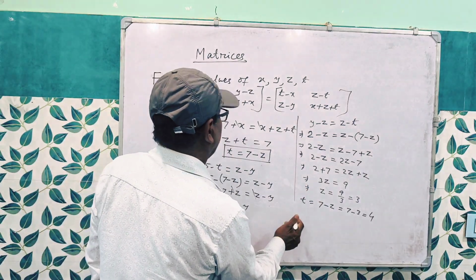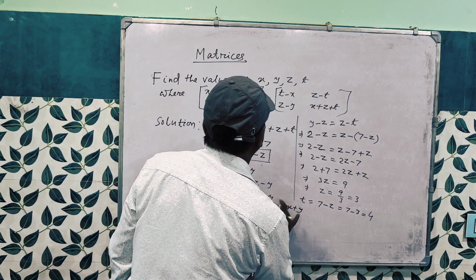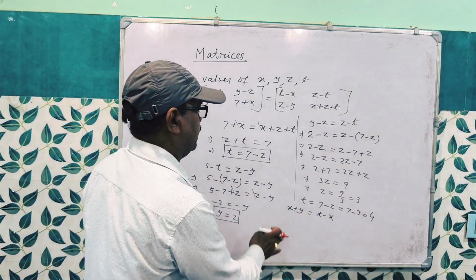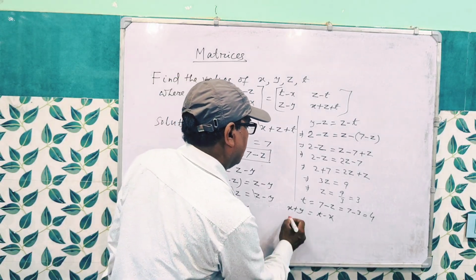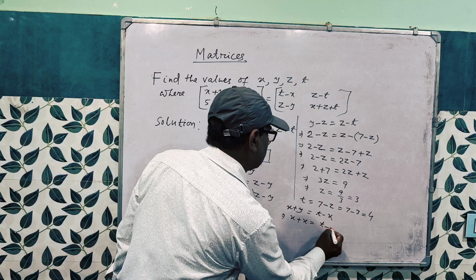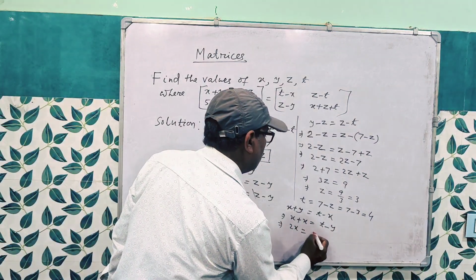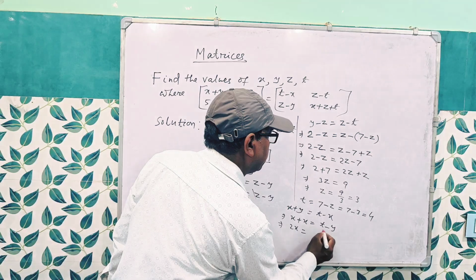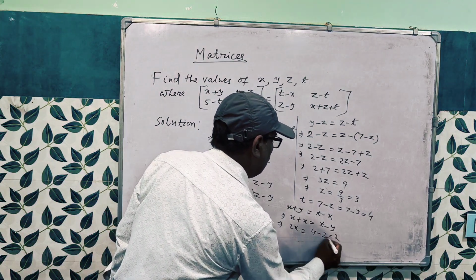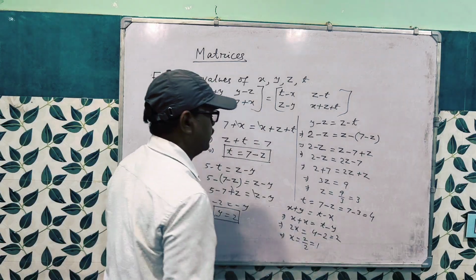Then x plus y is equal to t minus x, and x plus x is equal to t minus y, and 2x is equal to the value of t which is 4 minus 2 is equal to 2, and x is equal to 2 by 2 is equal to 1.